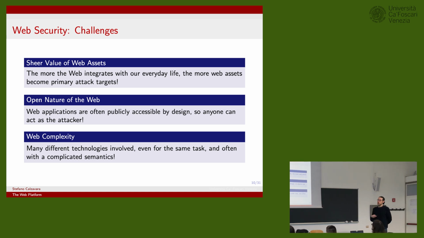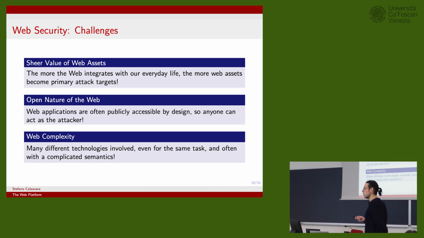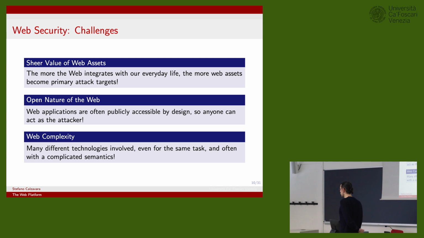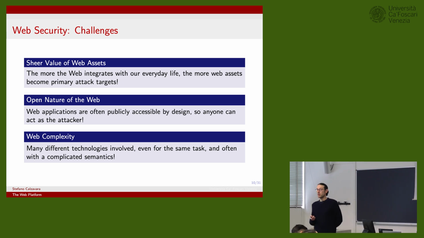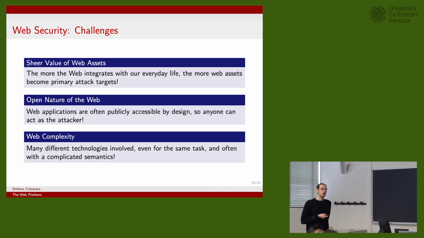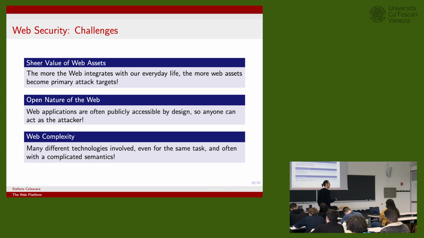If somebody manages to enter my Amazon account, they can buy stuff using my own credit card. So there are tons of sensitive data and security-sensitive functionality which are enabled by access to a given online account. The more the web integrates with everyday life, so the more the web becomes part of our physical identity, the more web assets are valuable, and the more attackers are encouraged to try to get an advantage from some vulnerability.